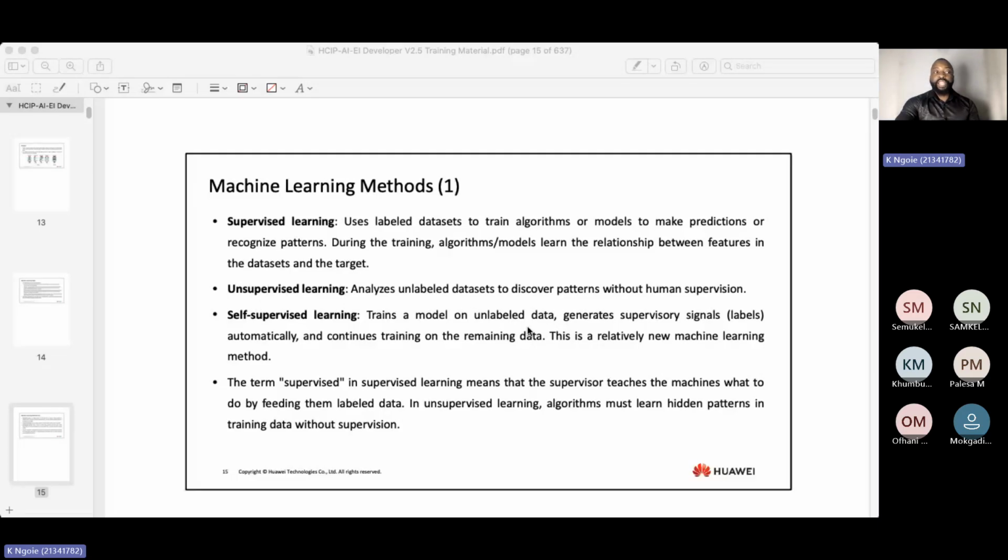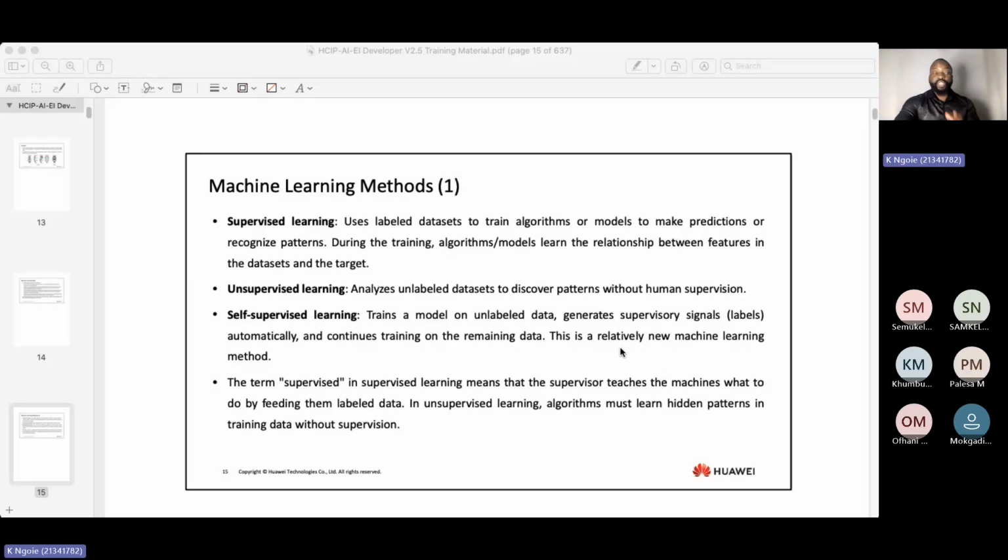The data are not labeled, but the AI itself will generate supervisory signals or labels automatically, and then it's going to continue training on the rest of the data. So self-supervised means that I give data that are not labeled, but the AI will take those data and generate the labels.